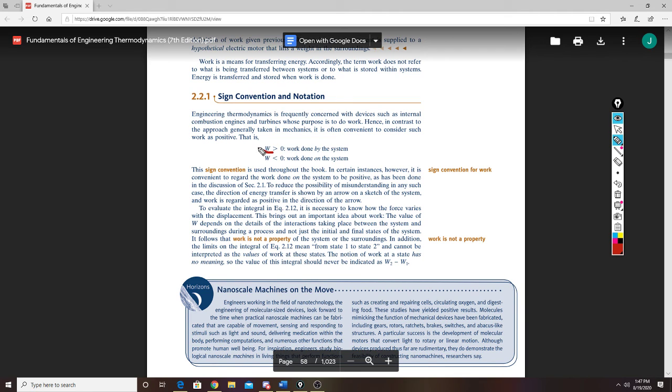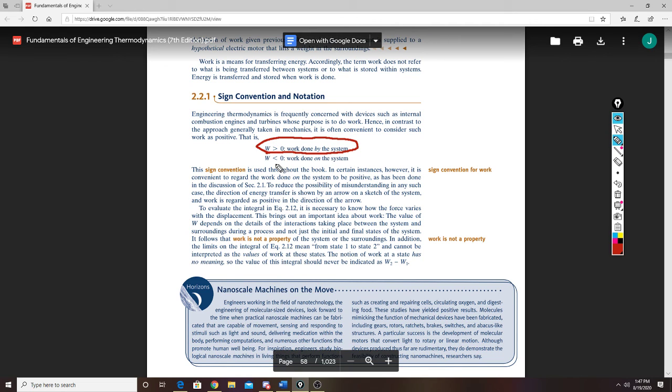So really quickly, work done by the system is positive. Work done on the system is negative. If you have to put in work for something to happen, that work is negative. If you are getting work out, it is positive.